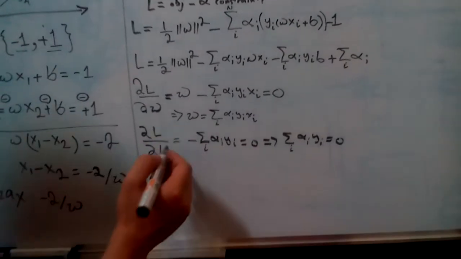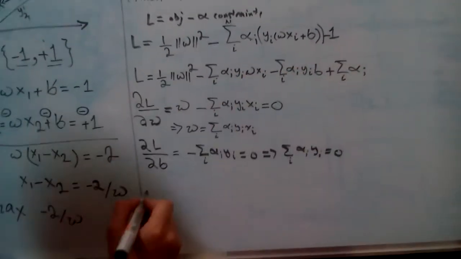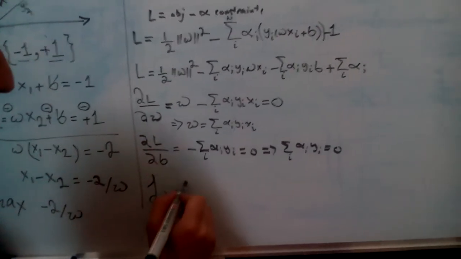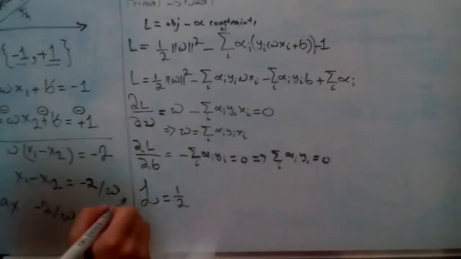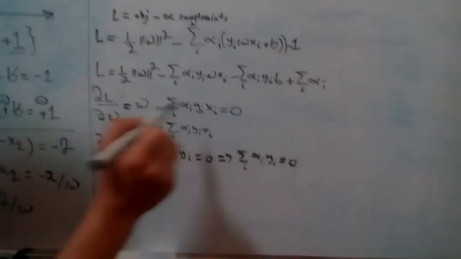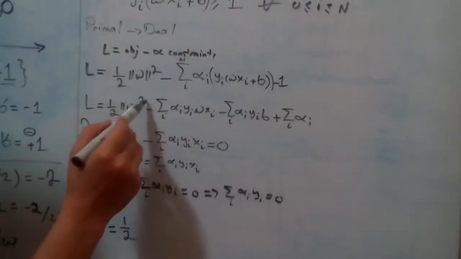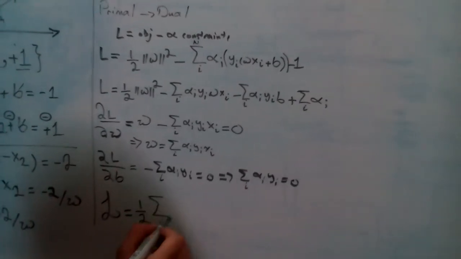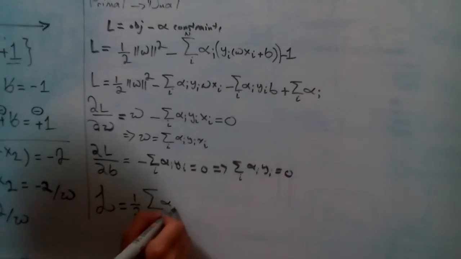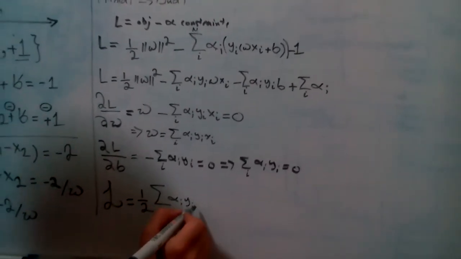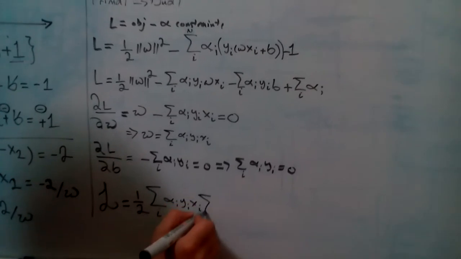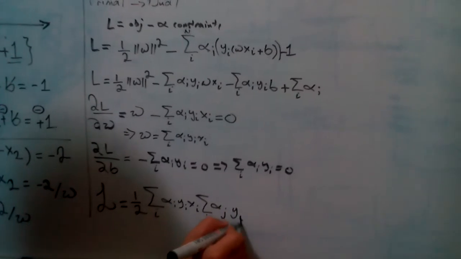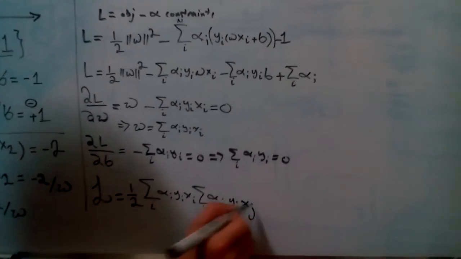Now let's substitute the omega in the original objective function. So our new objective function becomes half. Remember that omega is a vector, x is a vector, so when we substitute for this squared value, we do element-wise multiplication: sum over i, alpha of i, y of i, x of i, and then for the squared we sum over j, alpha of j, y of j, x of j.